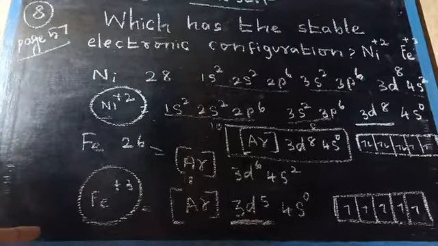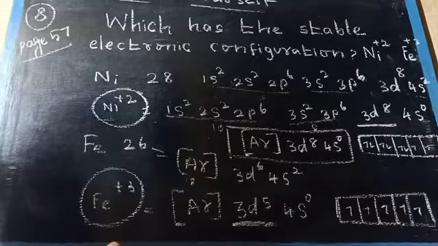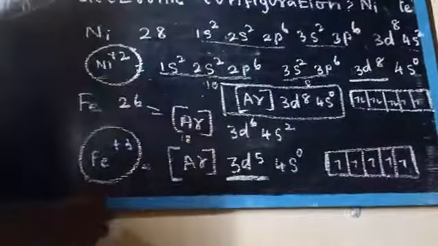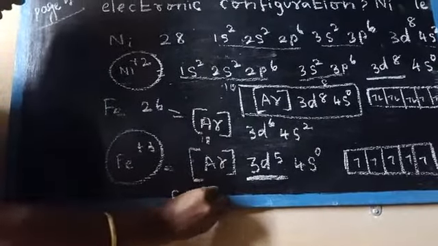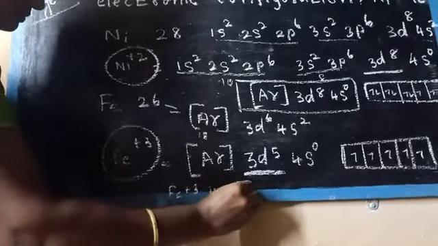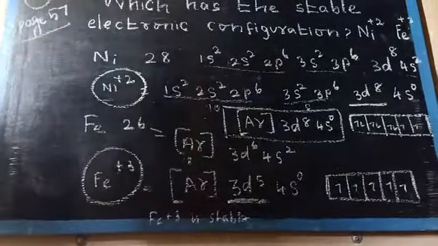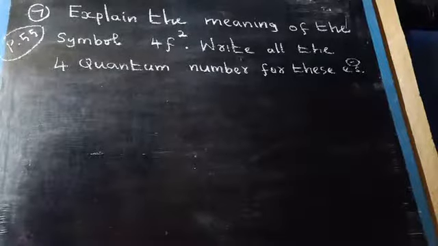This is the way to find out whether the element is stable or unstable. Are you clear, children? So write the answer: Fe plus 3 has the stable electronic configuration.